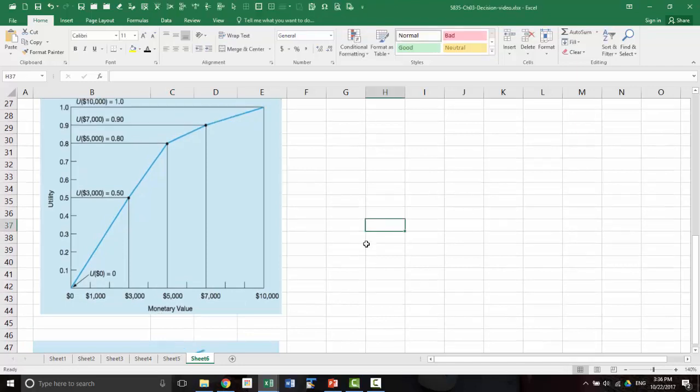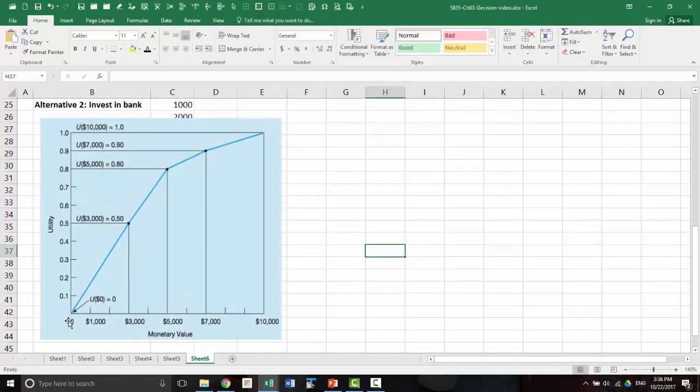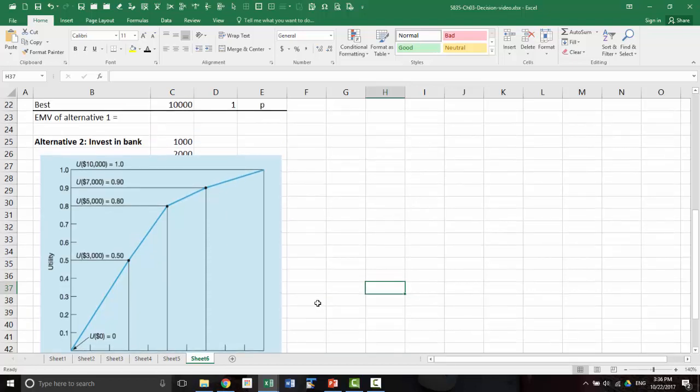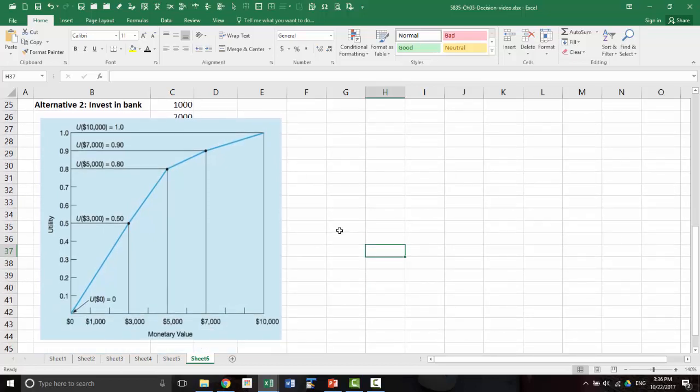Now you have from 0 to 10,000. For 0, your utility is 0. For 10,000, utility is 1. For each of the intermediate points, you pose yourself a wager like this, and then see at what value of p you will be indifferent.